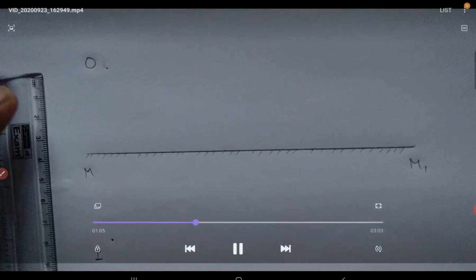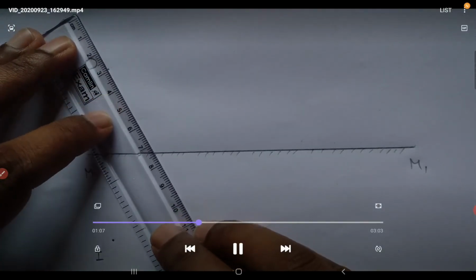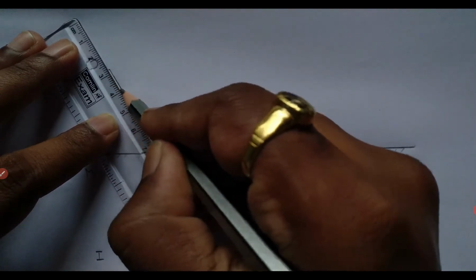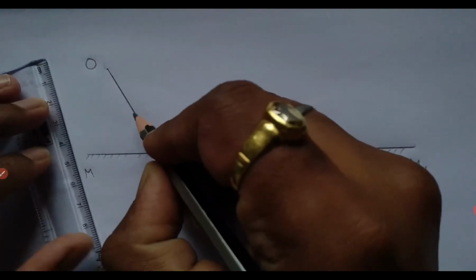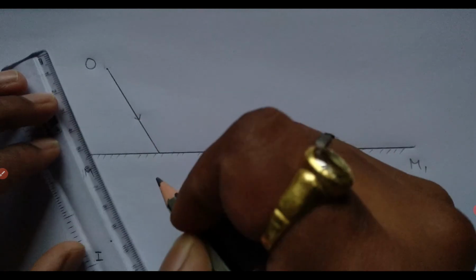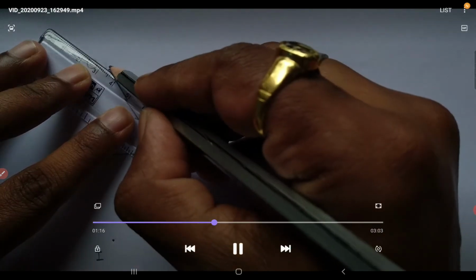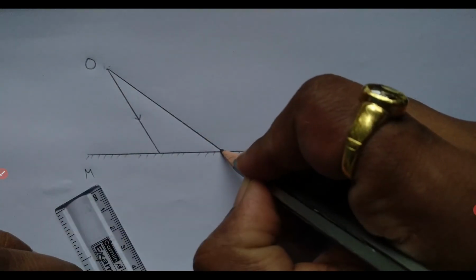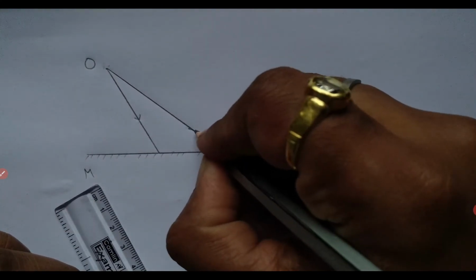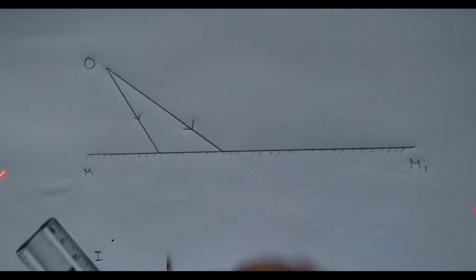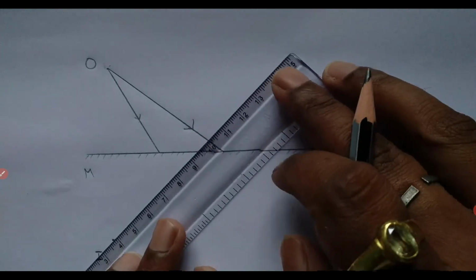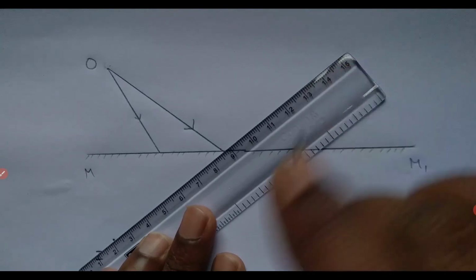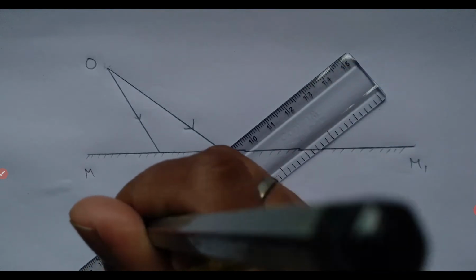Now I need to start the incident rays coming out of the object. This is my first incident ray, and then I have the second incident ray, both coming out of the object. Now they should follow the laws of reflection, but the problem here is to get the proper diagram, so I am starting from the image.